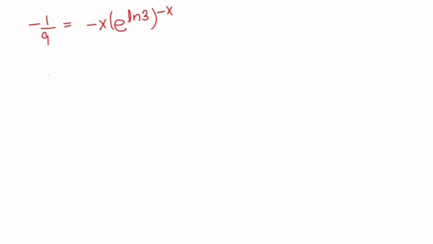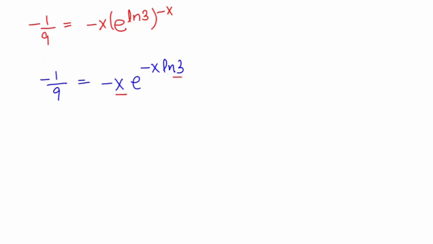Now this equation turns to -1 over 9 is equal to negative x, and this is multiplying with the inner power, so negative x and e to the power of negative x ln of 3. Now on this coefficient place, I want this ln of 3 also.